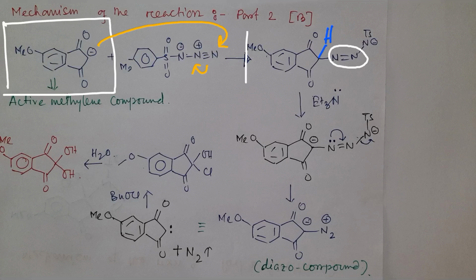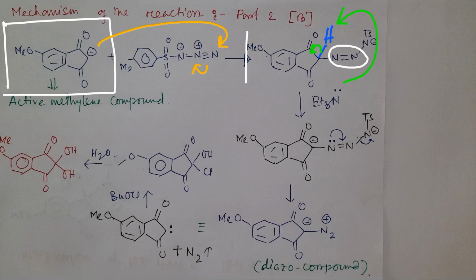So this will be instantly abstracted, as I told some time before, that acid base reactions are the fastest reactions, and the nature of the reaction depends on the stability of the conjugate base. So in this way, triethylamine will abstract this proton and a carbanion will be generated here, meaning this one. So this carbanion is very important. Why? Because in presence of the carbanion, this diazo transfer reaction will happen.